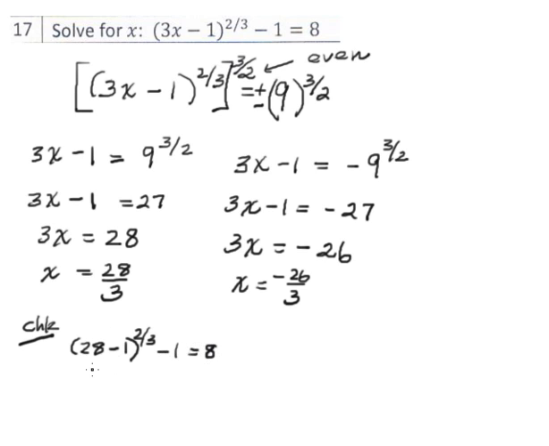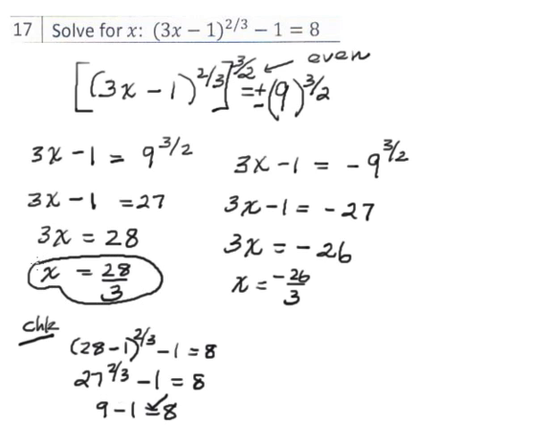Okay, so that's 27 to the 2/3. 27 to the 2/3, that's the cube root of 27, is 3, squared is 9, and 9 minus 1 is equal to 8. All right, so this is a valid solution. 28 over 3 is a valid solution.